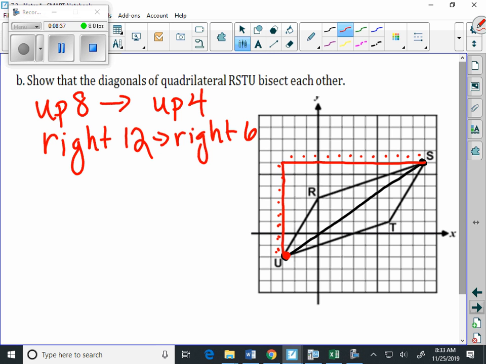So we went up 4, and then 1, 2, 3, 4, 5, 6. There's our midpoint. And that ordered pair, let's just write it. Our midpoint has an ordered pair of 3, 2. But that's only one diagonal. Again, what we're trying to show is that the diagonals have the same midpoint.